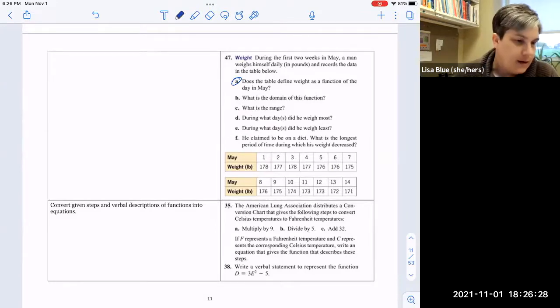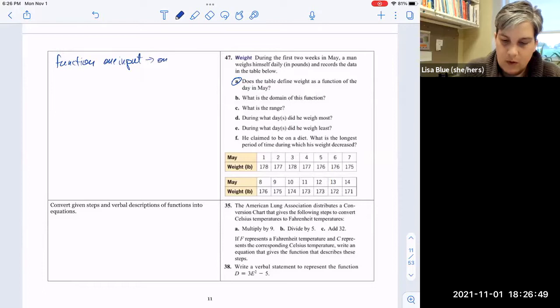Okay, so if we're doing 47, part 1, does the table define weight as a function of the day in May? Okay, if we look at this, to have a function, we need to see one input going to one output.